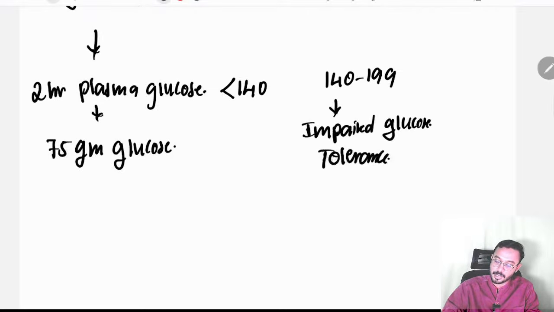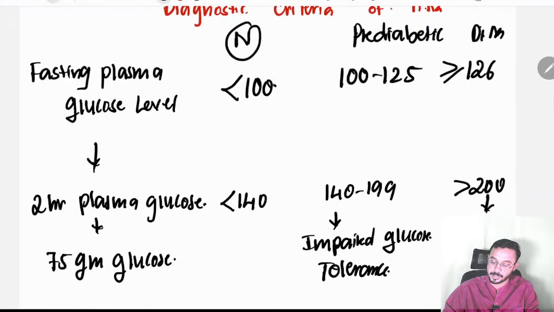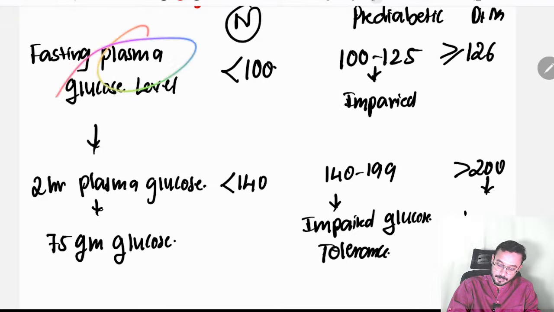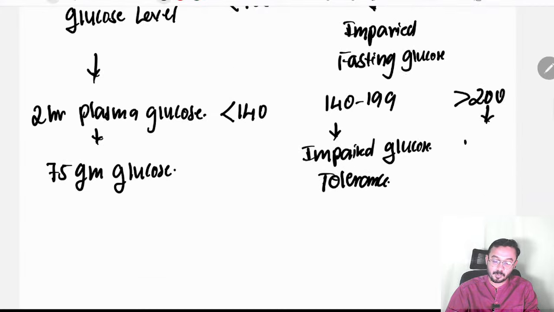And if your value is greater than 200, that is the criterion for diabetes. Very, very important, please don't forget these values, not only for your exam but also for general practice. And if your fasting value is between 100 to 125, don't answer impaired glucose; this is impaired fasting glucose.